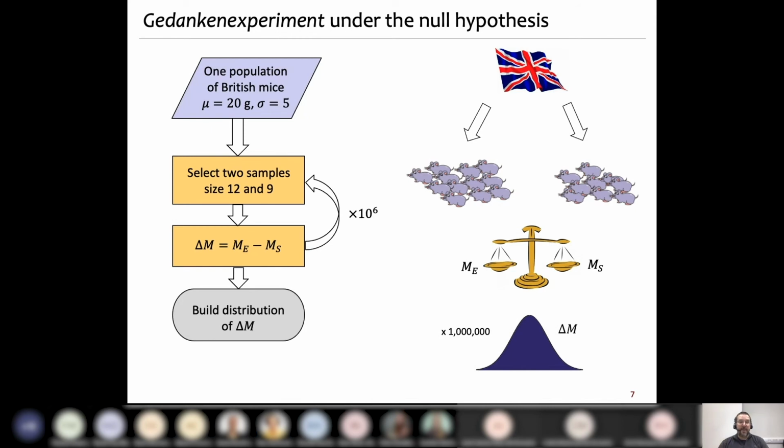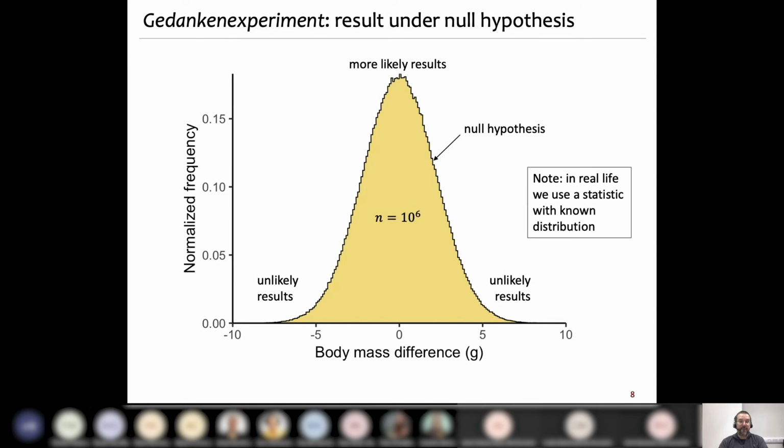We measure the body weight, find the mean, and find the difference between the means between these 2 samples. And then we repeat it multiple times, let's say 1 million times. It's possible to do it in a simulation, and we build the distribution of the difference of the mean mass, delta M. If you perform such a Gedanken experiment in a computer, this is what you get.